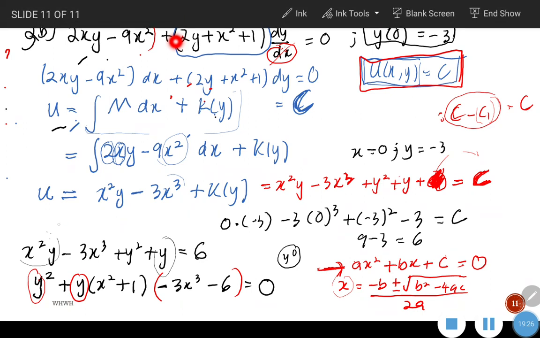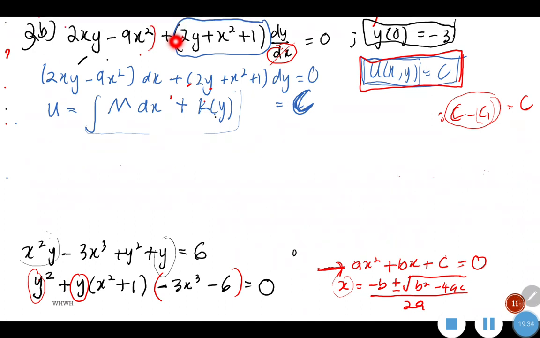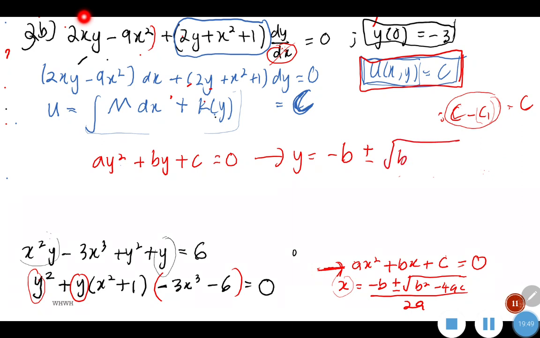Maknanya instead of a x square plus bx plus c equals to 0, you have a y square plus by plus c equals to 0. Okay, so to get y, you need to identify, okay, y is equals to negative b plus minus square root of b square minus 4ac over 2a.